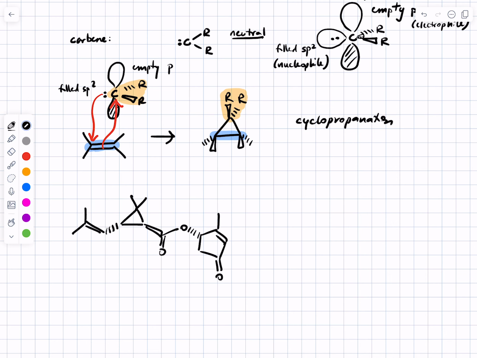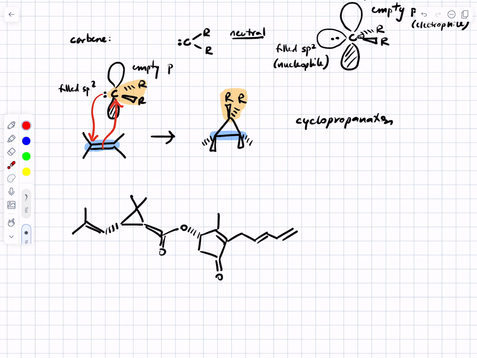The rest is just details. But organic chemists look at that and think, hey, I could have made that from a precursor using carbene type chemistry. And there are synthetic derivatives of this naturally occurring biodegradable insecticide that you can make using this kind of cyclopropanation chemistry.